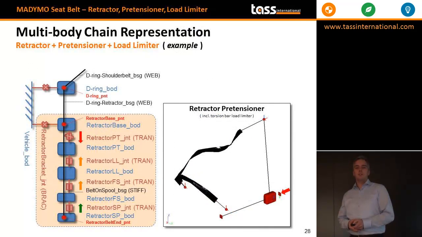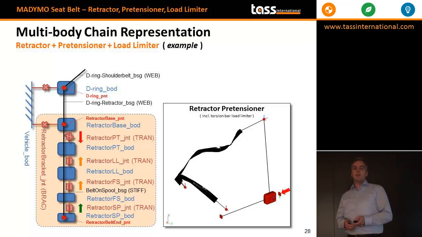On this next slide, you see an example of a multi-body chain representation for a retractor, pretensioner and load limiter combination. What you see is done is that the last multi-body segment is connected between two bodies, and in between those two bodies there's a chain of rigid bodies and translational joints, and each of these joints represent one of the features of the combined system of retractor, pretensioner and load limiter.